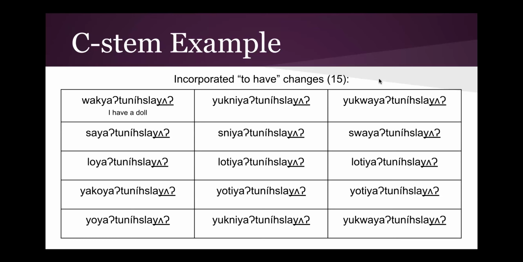And now to column 3, Jungwayat dunislai. Swayat dunislai. Lodiyat dunislai. Yodiyat dunislai. Jungwayat dunislai. So now there's 15 more new words that we can acquire very quickly.